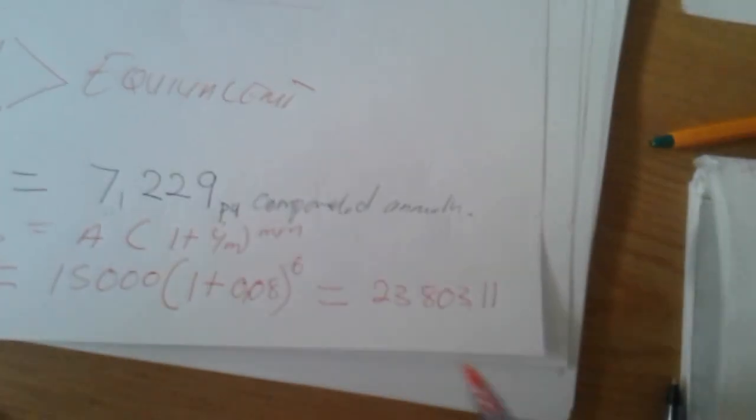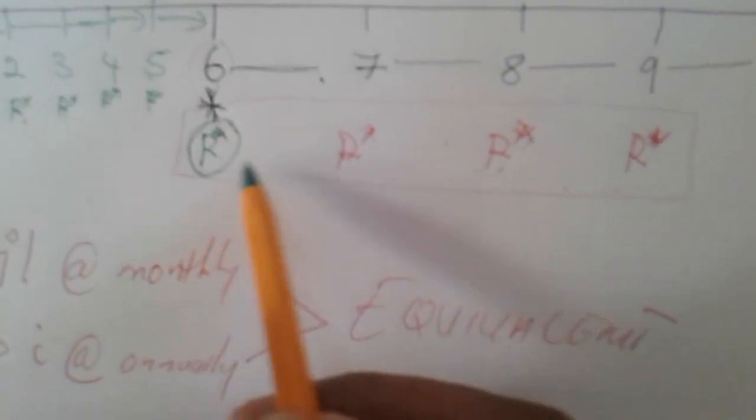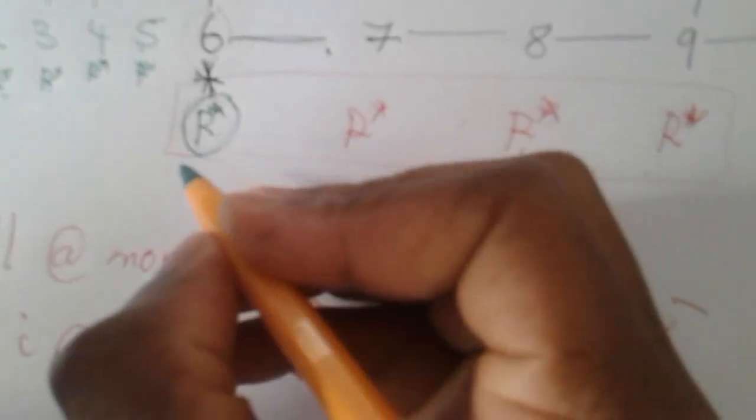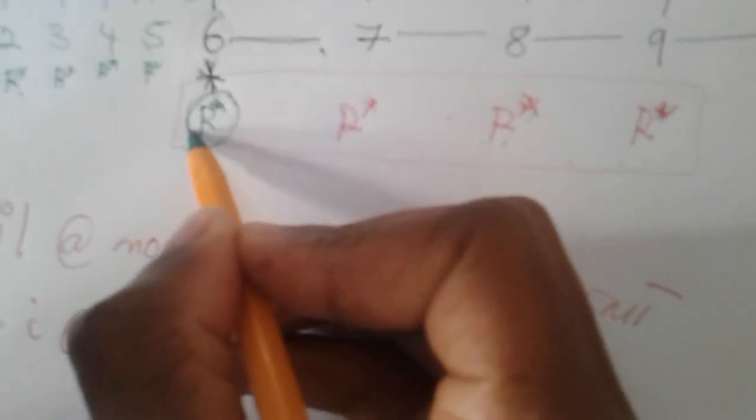Again, as per our notes, 23,803.11. So it means this is the amount that will be paid at the beginning of year 7, for the first year. 7 or 6? 7. Remember, 6 means end of year 6. Okay, beginning of year 7.